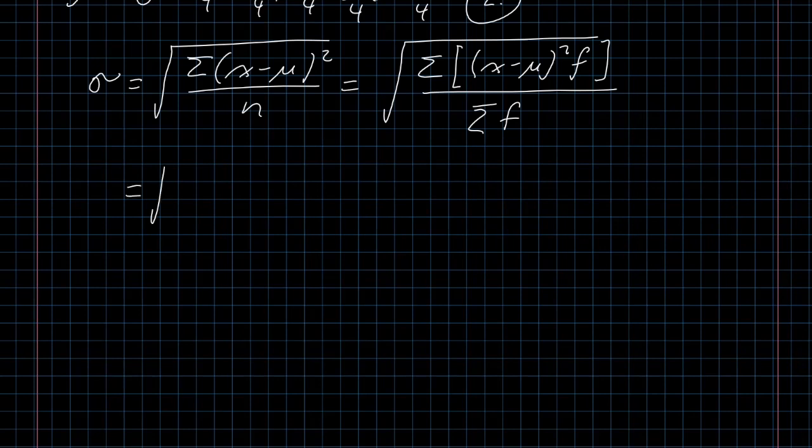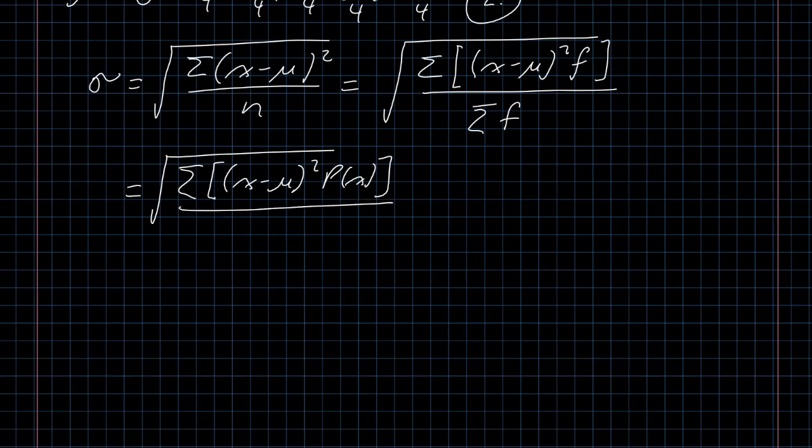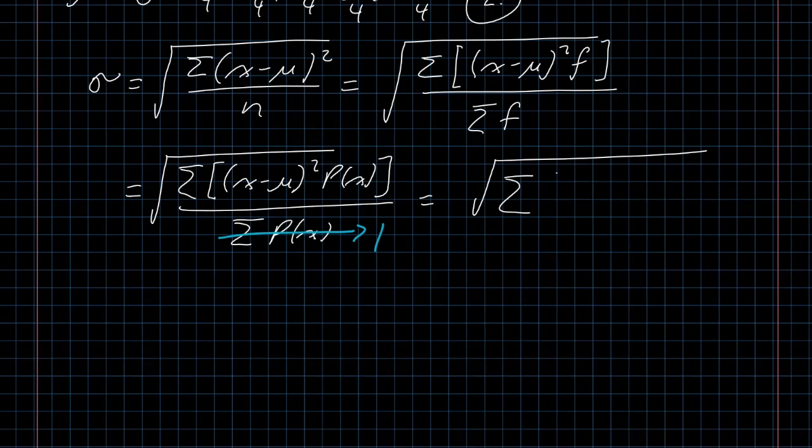So I can rewrite this as the sum of all of the x minus mu squares times p of x, all divided by the sum of p of x. And once again, the sum of all p of x is 1, so this simplifies even further and is just the square root of the sum of x minus mu squared times p of x.